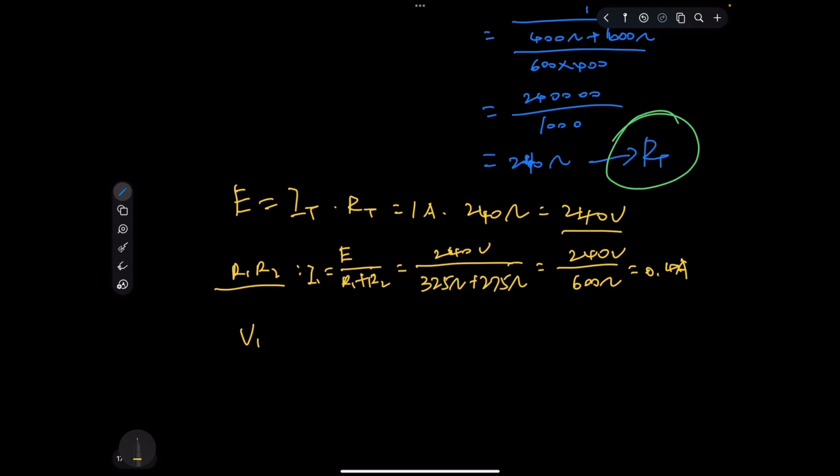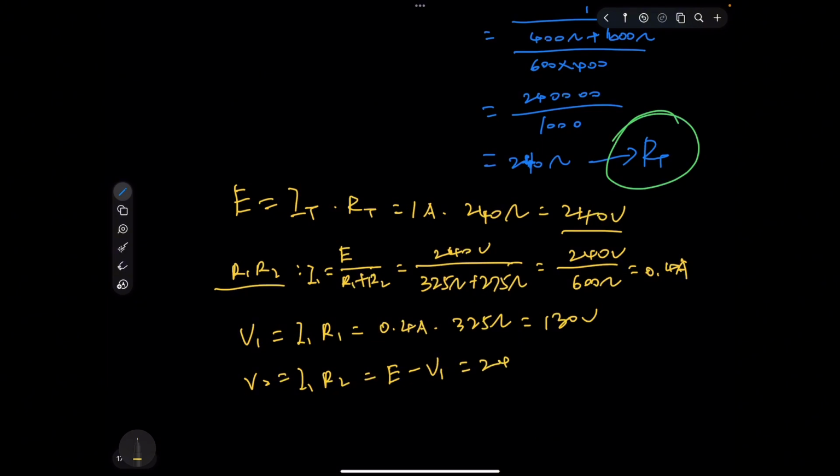So V1 equals, if we use Ohm's law, I1 times R1 equals 0.4 amps times 325 ohms. If we use the calculator, we get 130 volts. V2 equals I1 times R2, or we can also use E minus V1, which is 240 minus 130.